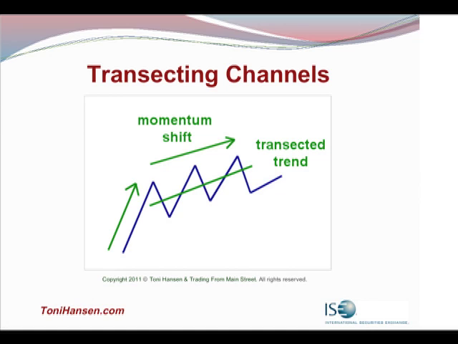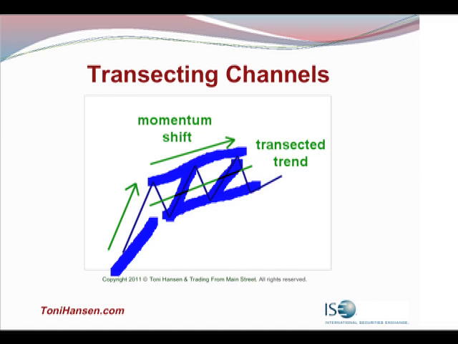Now let's look at how to measure these changes in momentum. One of the first things that you want to look at is not so much what a lot of these shorter term movements might be, but what the overall channel of price development is.